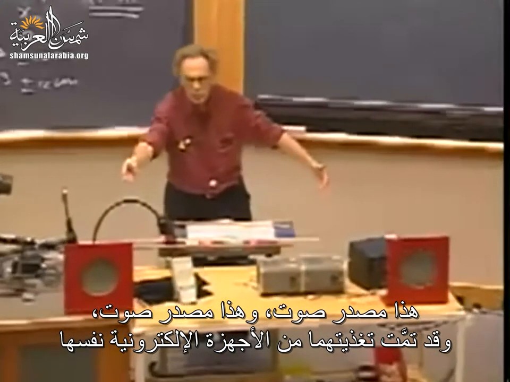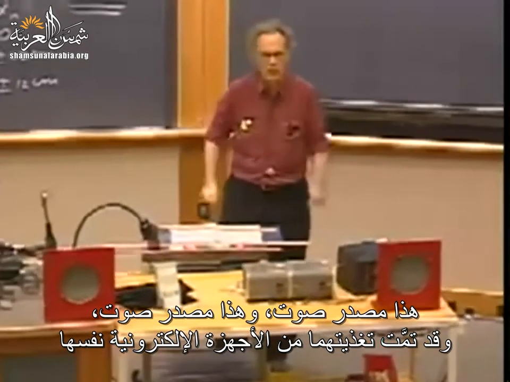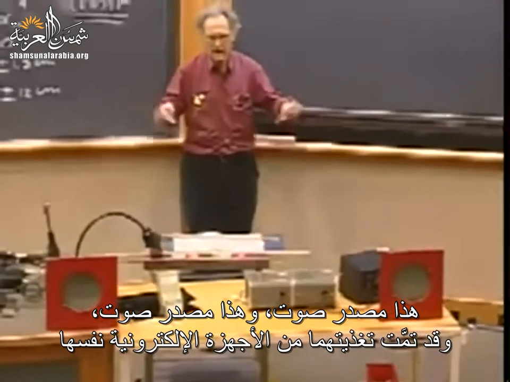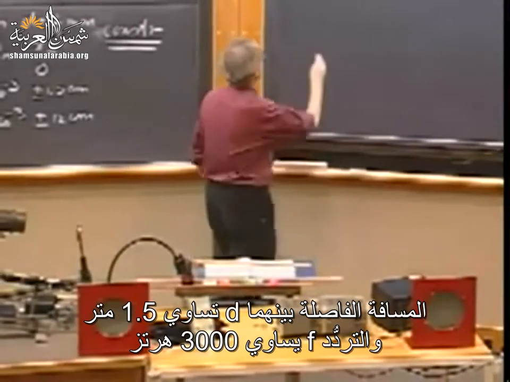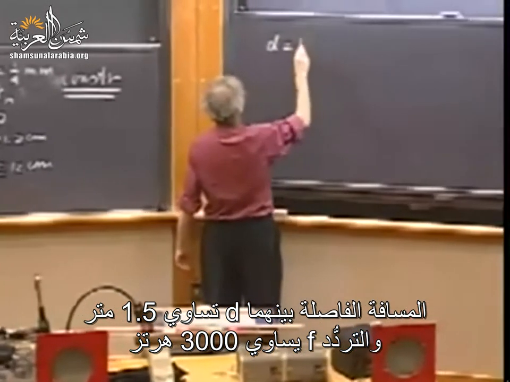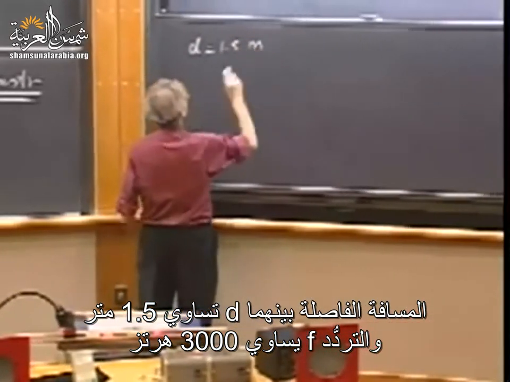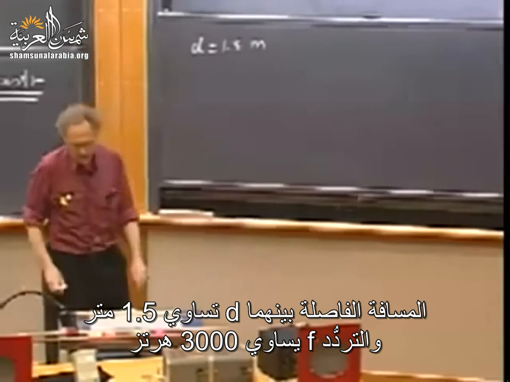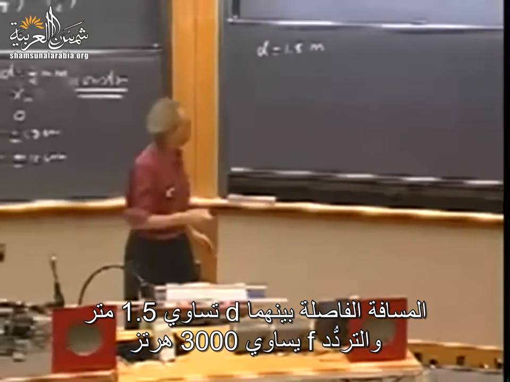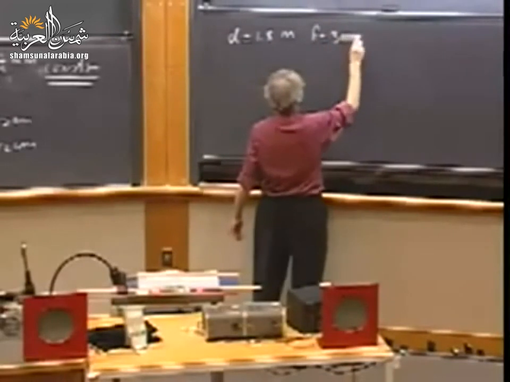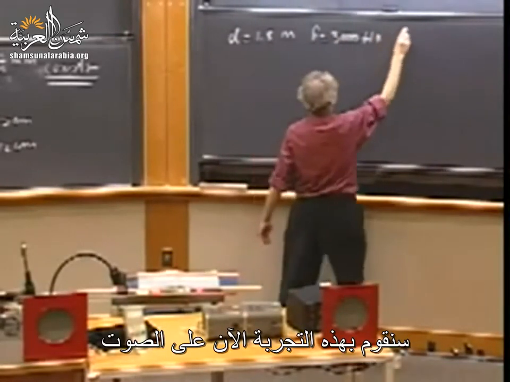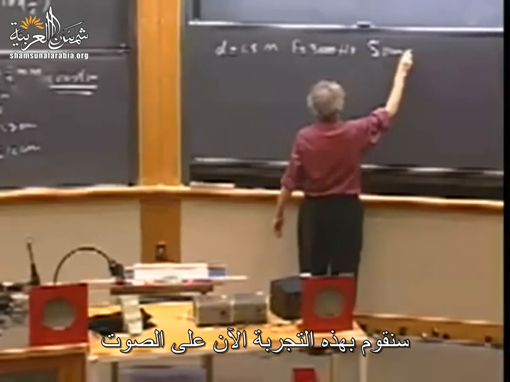So here is a source of sound, and here is a source of sound. And they are fed by the same electronics. So the D, the separation, is 1.5 meters, and the frequency is 3,000 hertz. So we do this experiment now for sound.